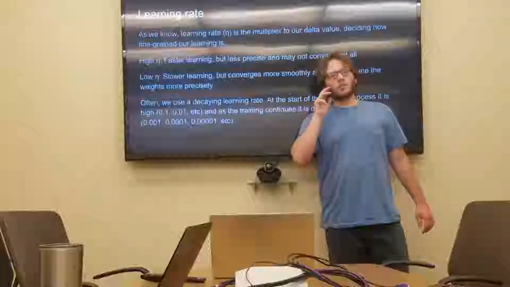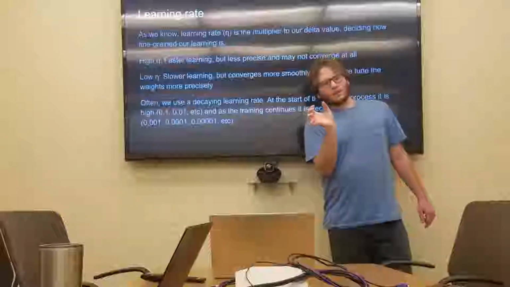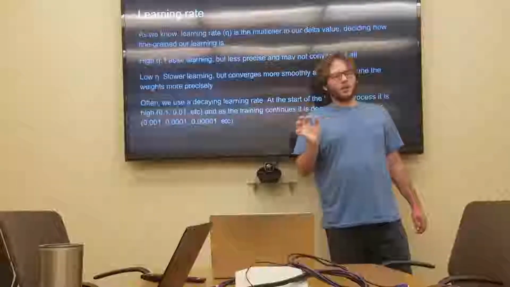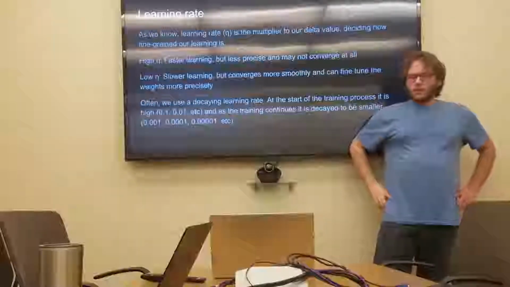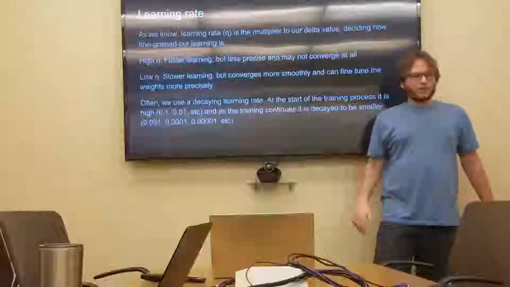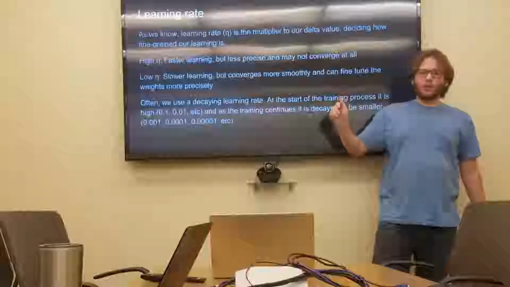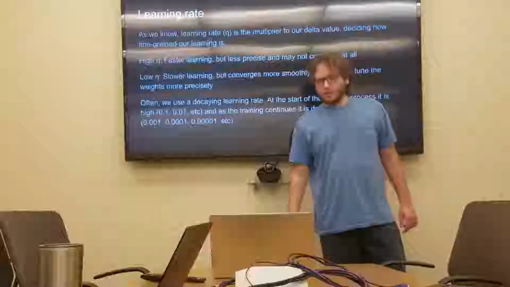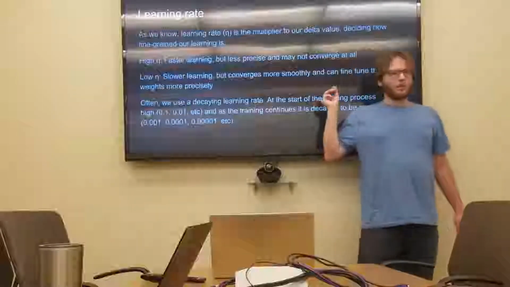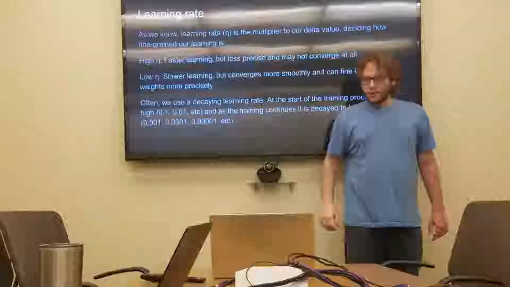However, it's going to be a lot more fine-grained. It can move to much more niche parts of our learning curve. A higher one is going to, of course, have faster learning, but again, it can overshoot or not be in the perfect direction we want. It would be the perfect direction, but it'll overshoot.